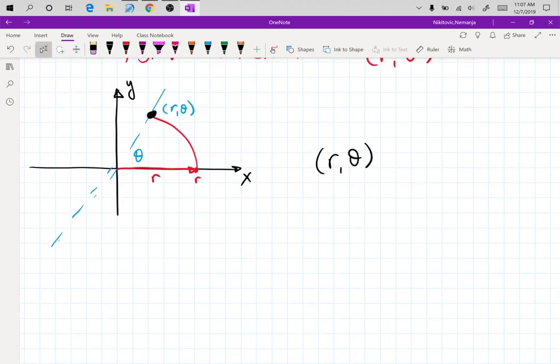To give you an example of this, we can take a look at, let's say, 3 and then pi over 3.